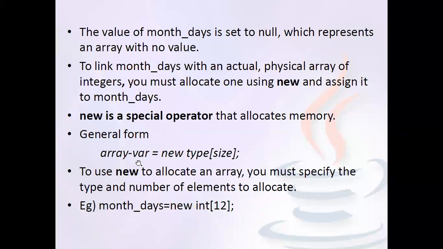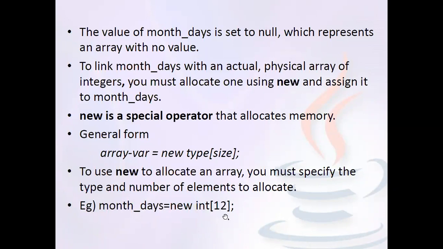You can join both things, allocation of the memory as well as the type declaration, together by writing type array_var equal to new type size. To use new to allocate an array, you must specify the type and the number of elements to allocate. So month_days is equal to new int 12.